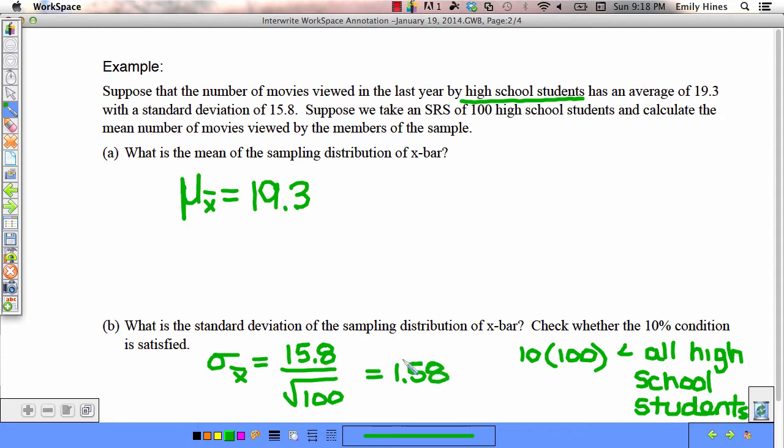Okay, now remember, this is not the standard deviation of the movies watched. This is the standard deviation of the mean of the movies watched. So, on average, the mean number of movies watched by my 100 high school students will vary from 19.3 by about 1.58 movies.